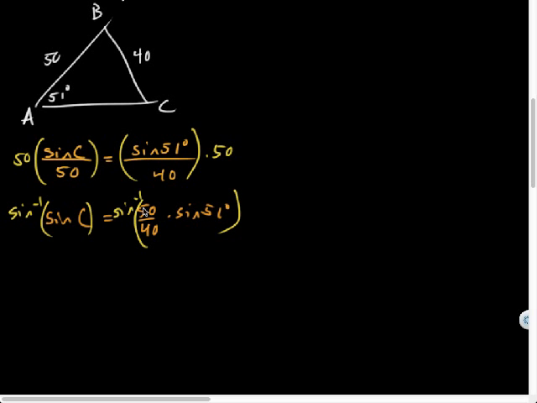So C is equal to sine inverse of 50 divided by 40 times sine of 51, close parentheses, and I get angle C is 76.27 degrees.